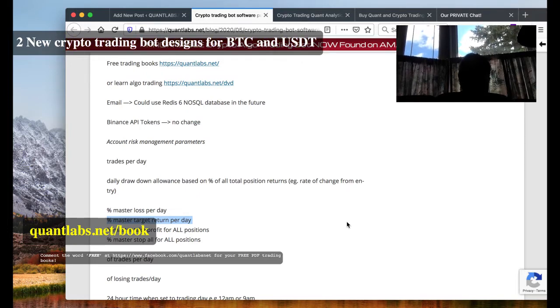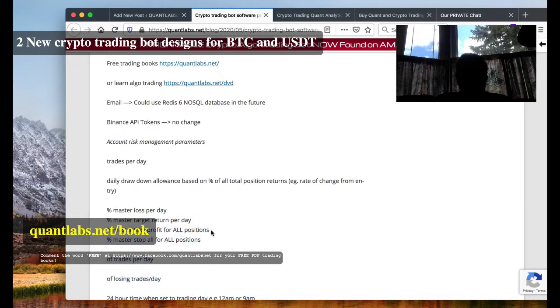So in some cases, people would love to have a percent return every day. And remember, with crypto, it's every day. It never closes. So it's 24/7, including holidays. So that's your daily percent return target that you would like for the day.